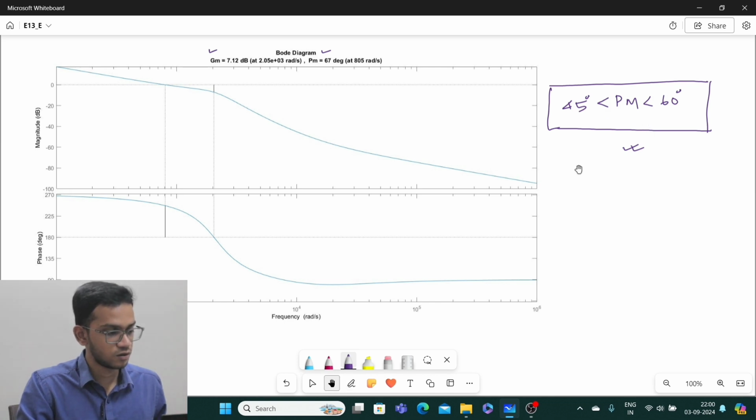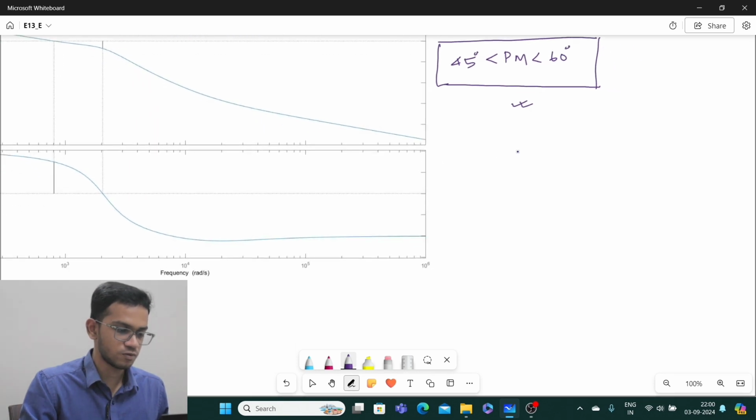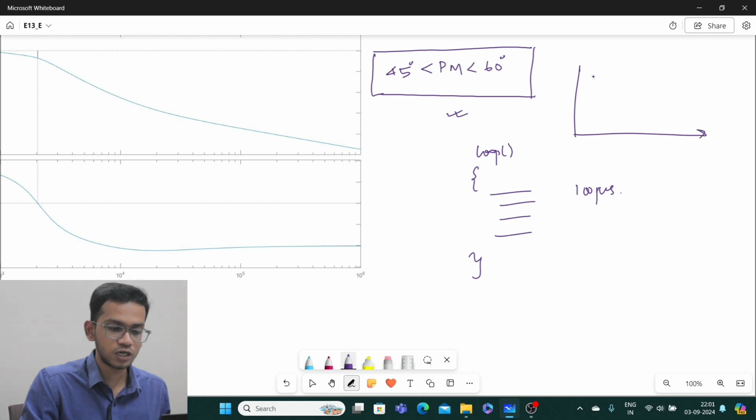Let me summarize what we have done here. I have written my Arduino program, and I have found that instead of taking 50 microseconds for the loop function to run once, it is taking 100 microseconds. That is, in my output voltage waveform of my buck converter, instead of taking a sample at every 50th microsecond, I am taking a sample at every 100th microsecond.